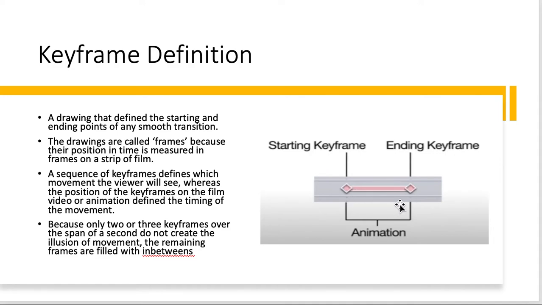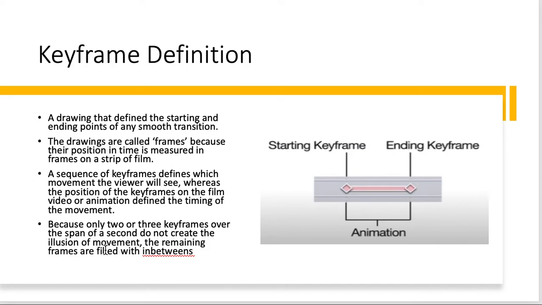The drawings are called frames because their position in time is measured in frames on a strip of film. A sequence of keyframes defines which movement the viewer will see, whereas the position of the keyframes on the film, video or animation defines the timing of the movement, because only 2 or 3 keyframes over the span of a second do not create the illusion of movement.